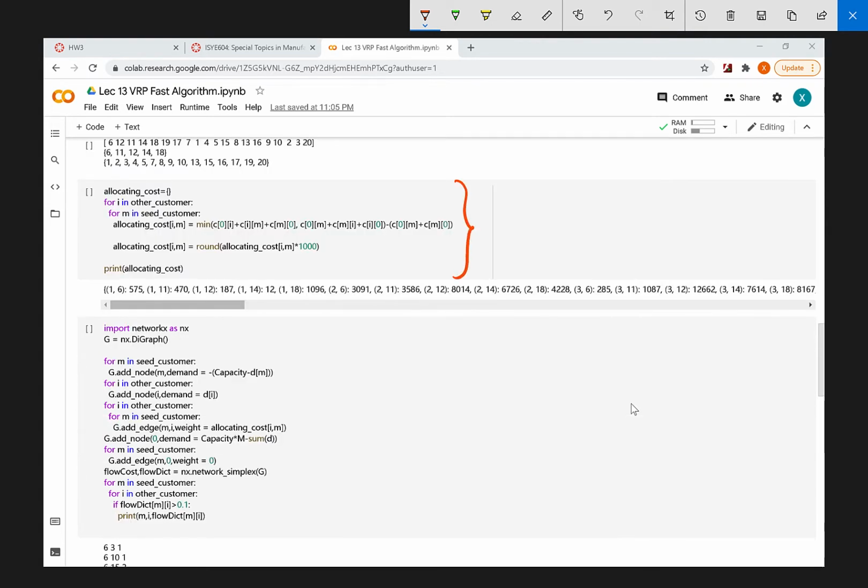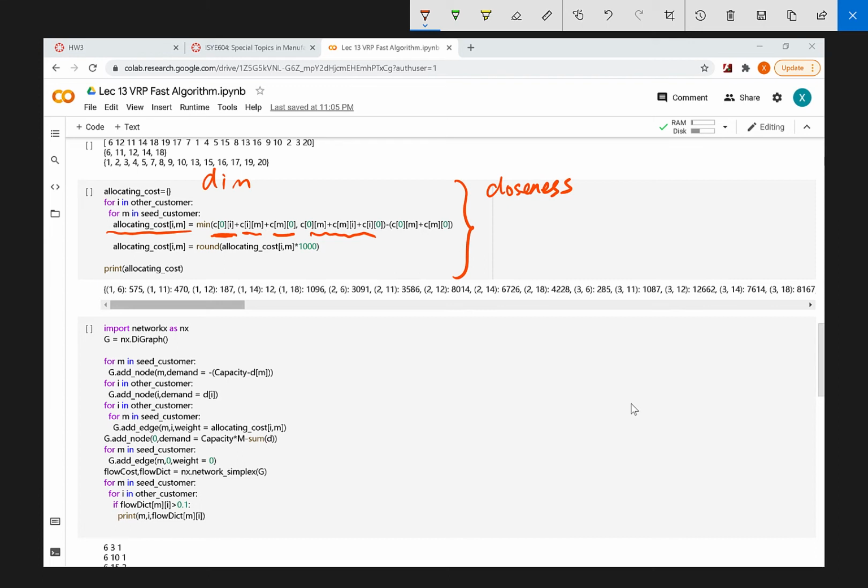Now we will introduce closeness. From this, we can calculate the allocating cost, which is based on the distance from the depot to the customer, customer to center, and center back to depot. And then there's another direction: from the depot to the center, then from center to customer, and customer back to depot.